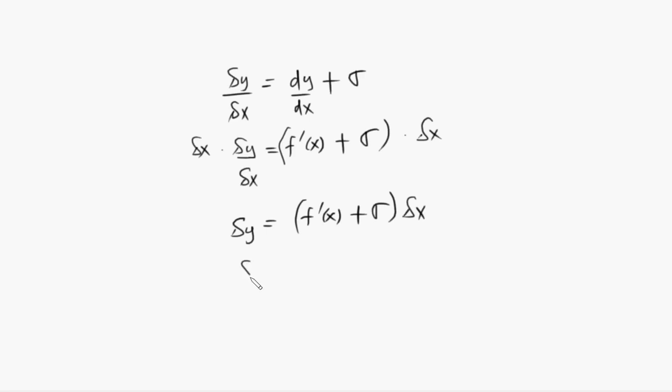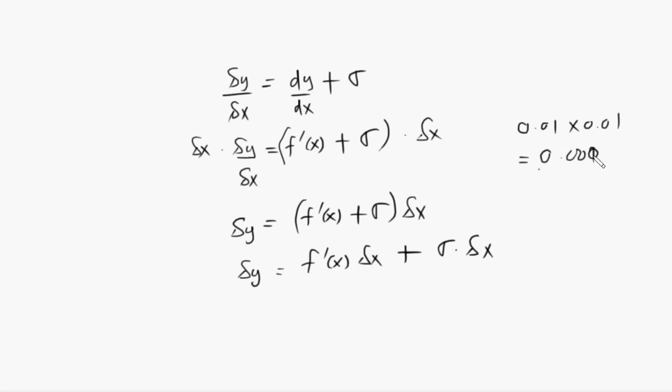Okay, so delta y is just going to be equal to f dash x delta x plus sigma times delta x. Sasa sigma is a small quantity and delta x is a small quantity. They are both small quantities. Small times small, I mean 0.01 times 0.01, you just get even smaller.